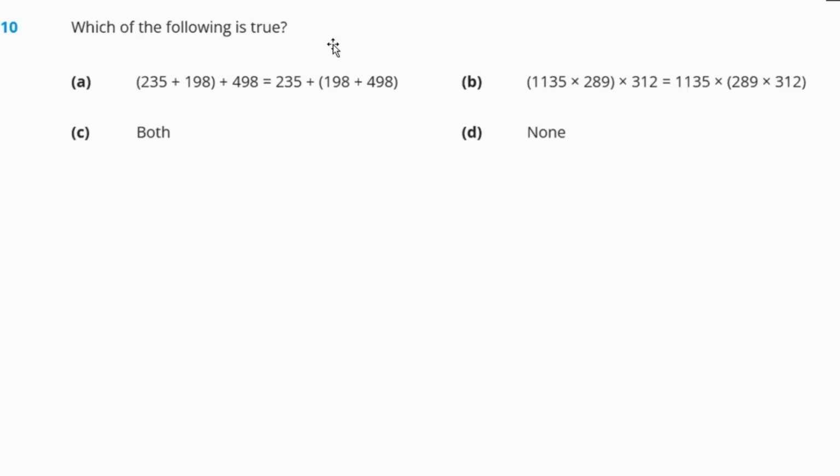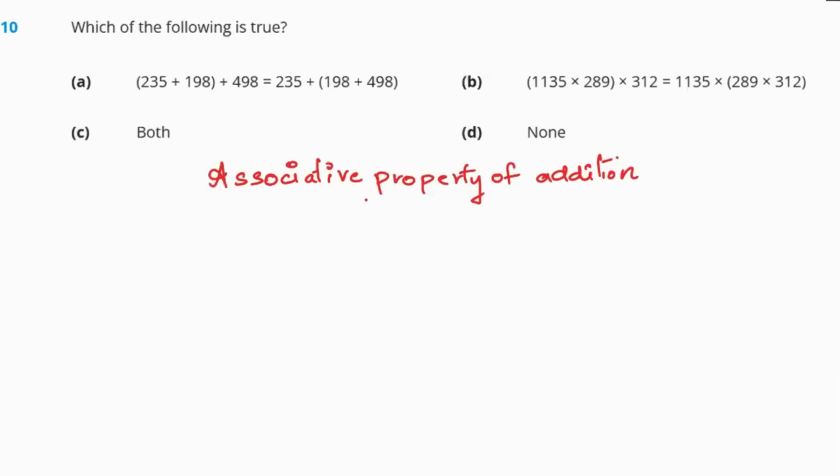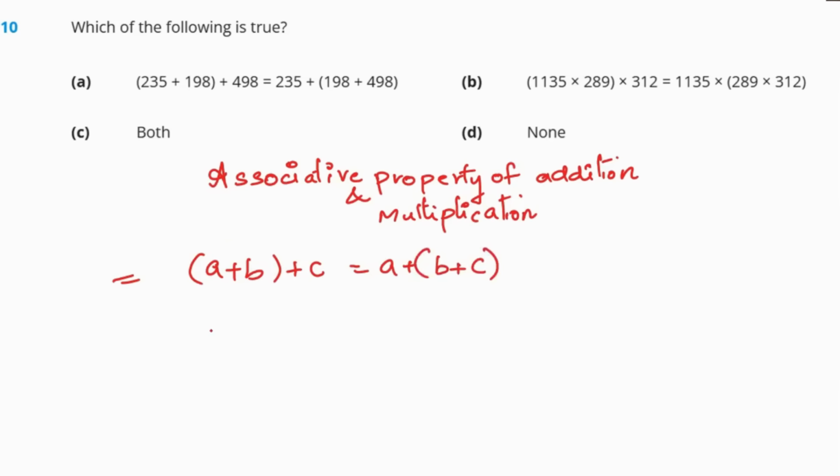Okay, so here you can see, according to the associative property of addition and multiplication, we have (a + b) + c equal to a + (b + c), and (a × b) × c is equal to a × (b × c).